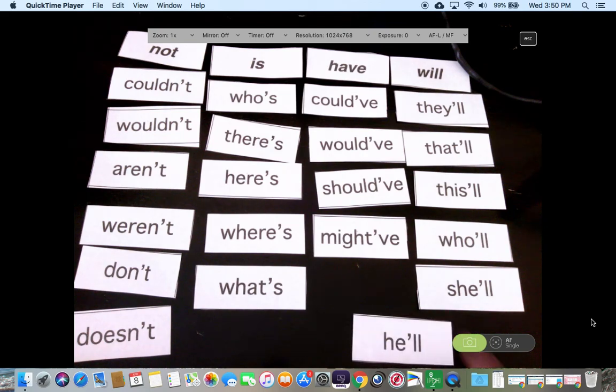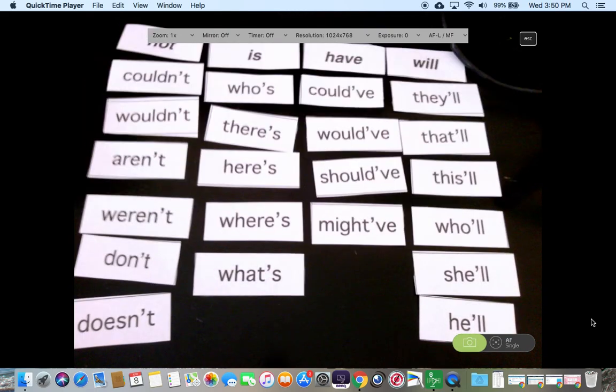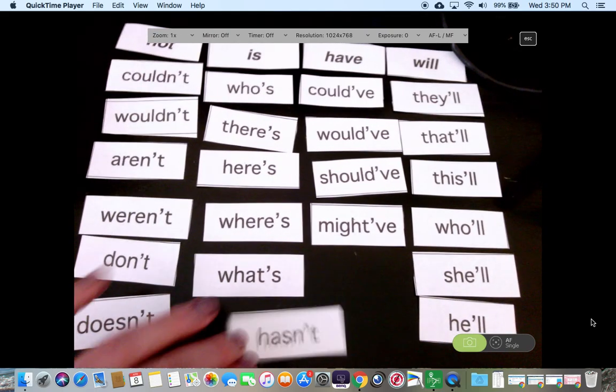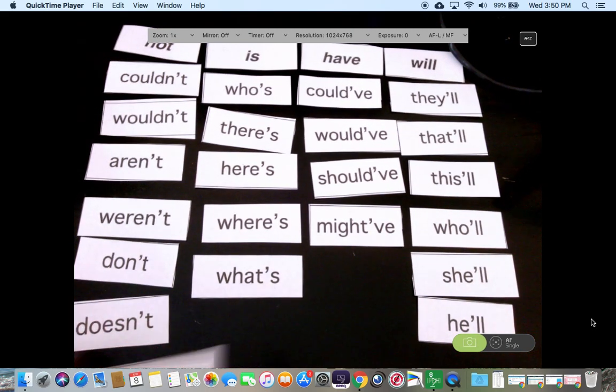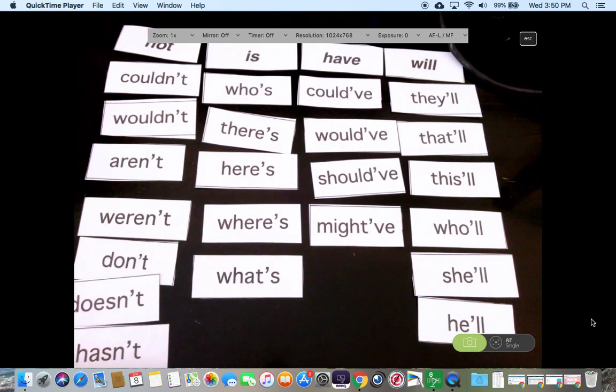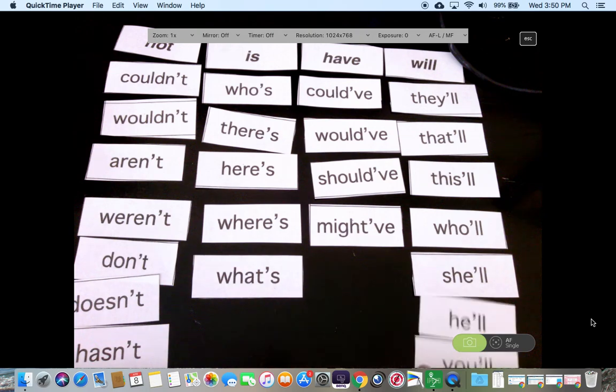This word here, he'll, short for he will. He'll play with me when he finishes his homework. Hasn't, short for has not. And our last word, you'll, short for you will. You'll be so smart because now you have learned all about contractions.